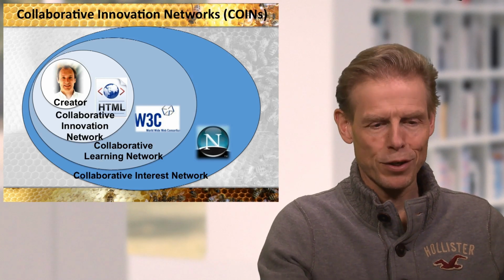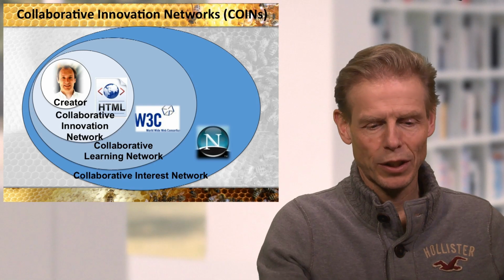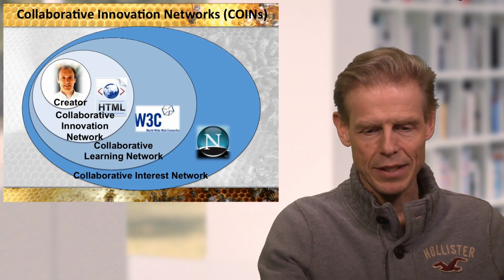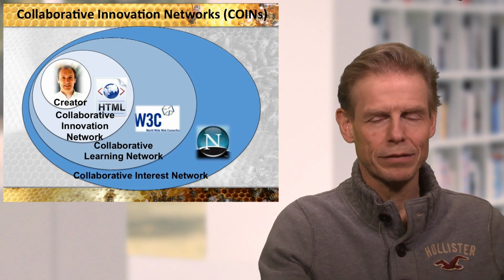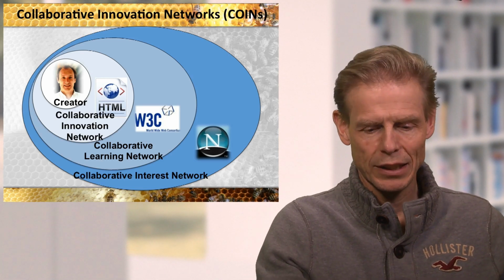But this is the four-step process from the creator to the COIN, to the learning network, to the collaborative interest network that we see so many times, that turns disruptive ideas carried by a little passionate group, the COIN, into a real product.